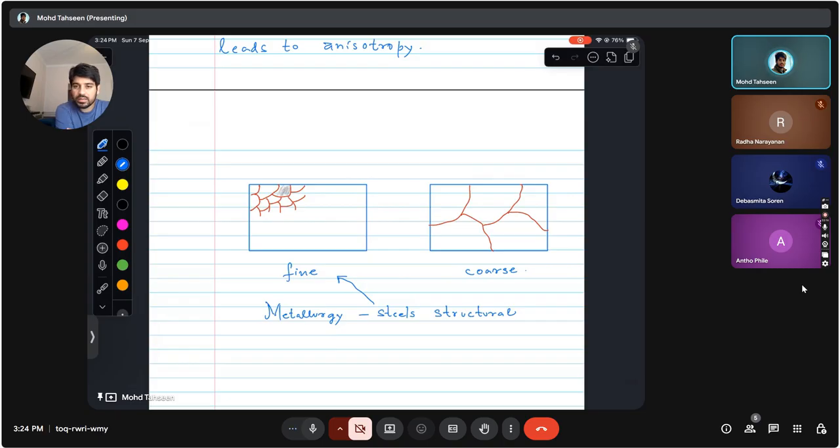It's basically the making up of the material itself that brings anisotropy into the picture. The exact word is packing. The packing of solids is different in different directions, and this leads to anisotropy. Okay, so that's point number one.